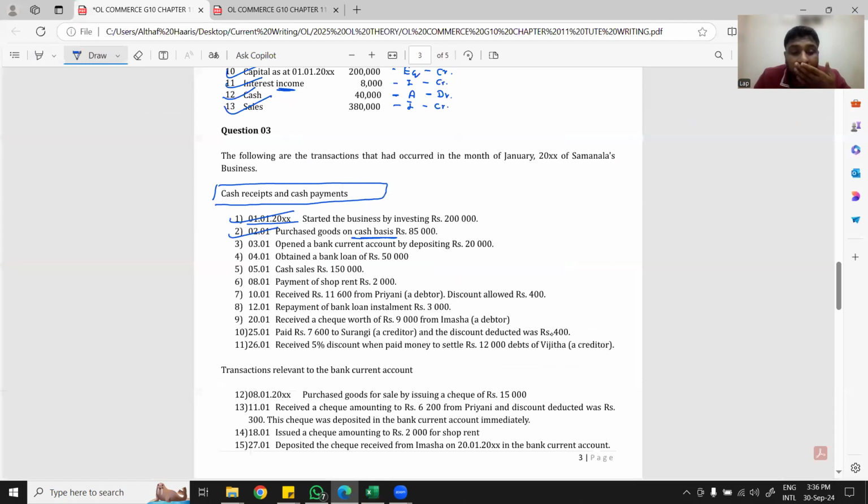Third one, open the bank current account by depositing 20,000. So your cash is decreasing, it is going inside the bank. Bank is increasing.